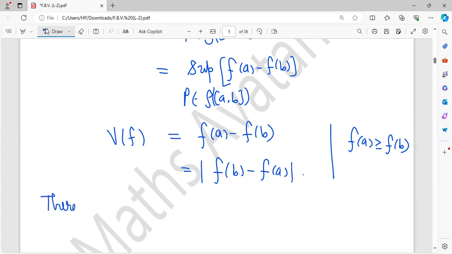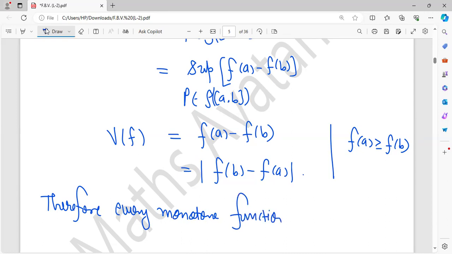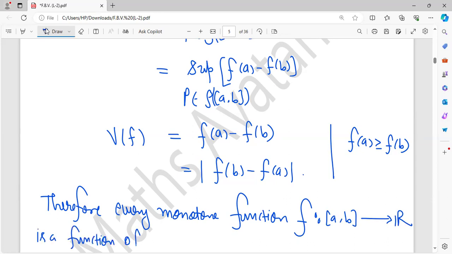Therefore, every monotone function f from the closed interval AB to R is a function of bounded variation, and Vf is nothing but FB minus FA.